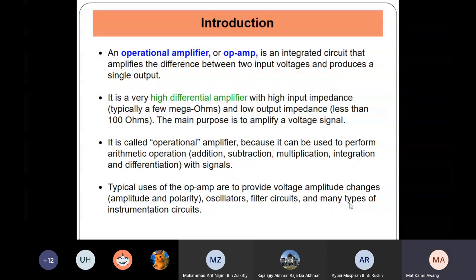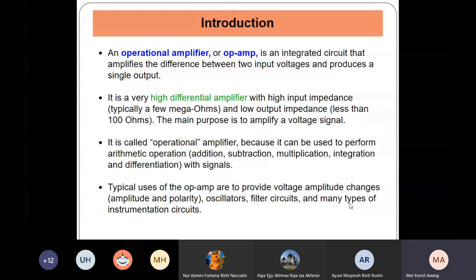Typical uses of this operational amplifier are to provide voltage amplitude changes, in terms of the differences of the amplitude and the polarity, whether negative or positive. It is also used in oscillators, which are circuits that provide a sine wave, sine or cosine waves.